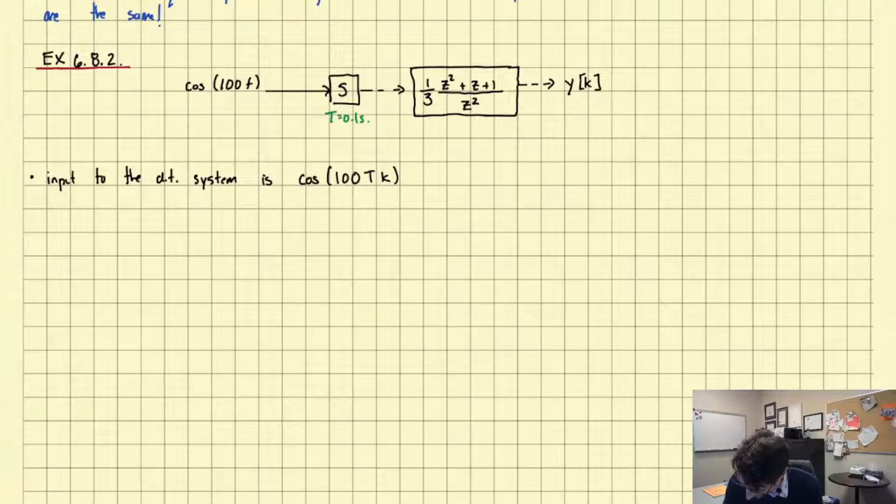And in terms of our previous notation, notice this guy becomes theta. Right? That's our theta times k. And it has the right units of radians, right? 100 has radian per second units. I'm multiplying it by the sampling period with the seconds, so I get radians. Okay, and in this case, because the sampling period is 0.1, we just get cos of 10k.